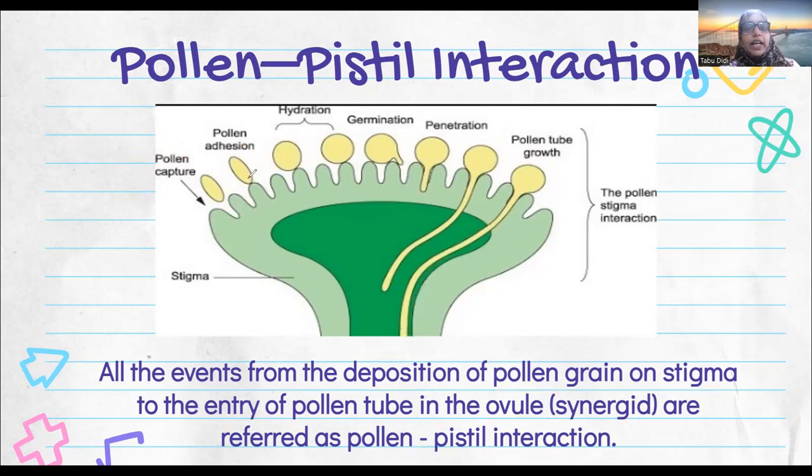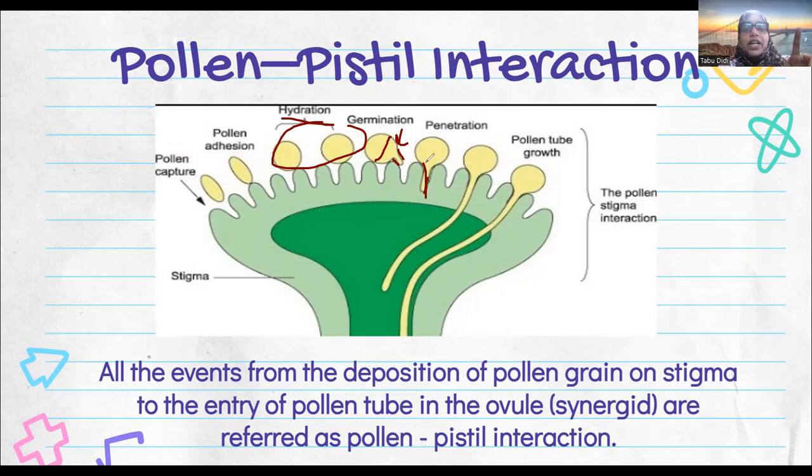So right from the adhesion till the time they form a pollen tube, in between they will stick to the stigma, absorb some moisture, undergo hydration, and start germinating. This is the step when the vegetative and the generative cell will be formed, and there will be mitotic division of the nucleus. Then the pollen tube will start growing. This is the event that we discussed under the heading of development of male gametophyte.